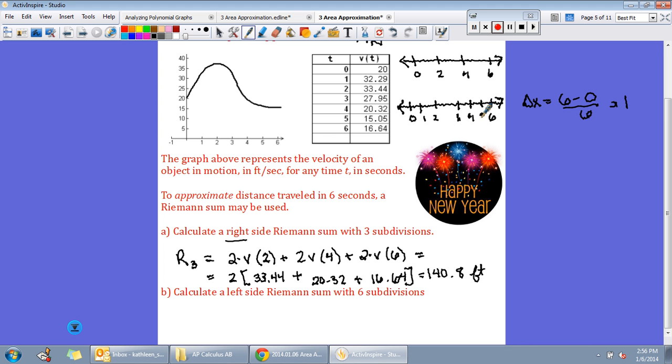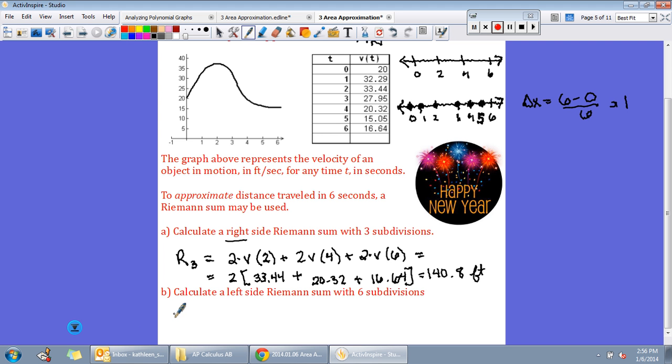Apologize, it's not writing so clearly, guys. And our left endpoints, we're going to start at 0, and 0 is going to be the left endpoint on the interval from 0 to 1. 1 is going to be the left endpoint on the interval from 1 to 2. Same thing at 2, 3, 4, and 5.